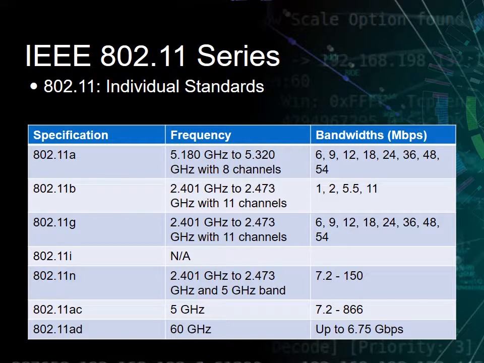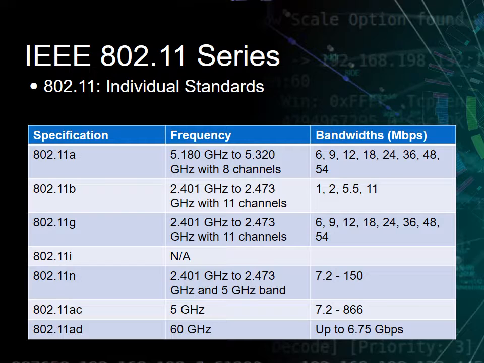Imagine, those of you who've done mathematics have seen a sine wave where it goes up and down, up and down. The more of those you have within a period of time, the more data you can transmit. So that's why in this chart you'll see that the next two generations are going to be 5 gigahertz and 60 gigahertz, which means you're going to get significantly more data transmitted at those frequencies.